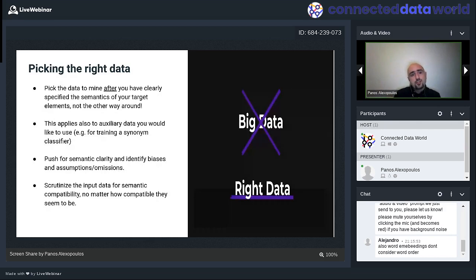So it's important to start with the data to mine after we have clearly defined the semantics of our target elements, not the other way around. We don't start with the data and say, let's see what semantics we can get out of them. I mean, we can do that and we can apply things, but most likely we will get a generic knowledge graph with quality problems that may or may not be useful. It really depends on the application, so I'm not excluding it altogether.